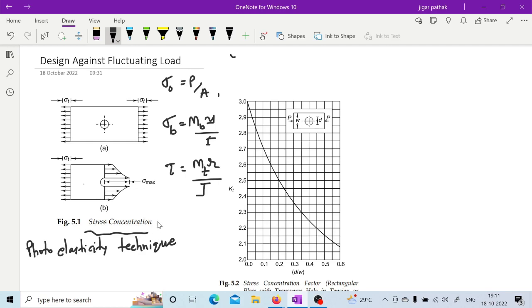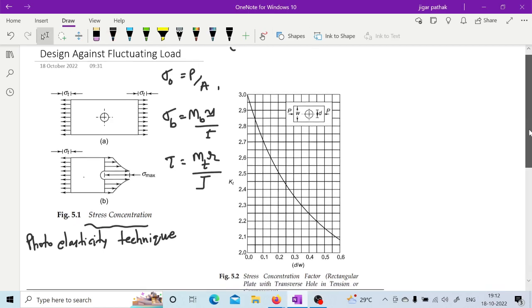This experimental calculation of stress was done by scientists, and they have produced a graph which is presented here in figure 5.2.